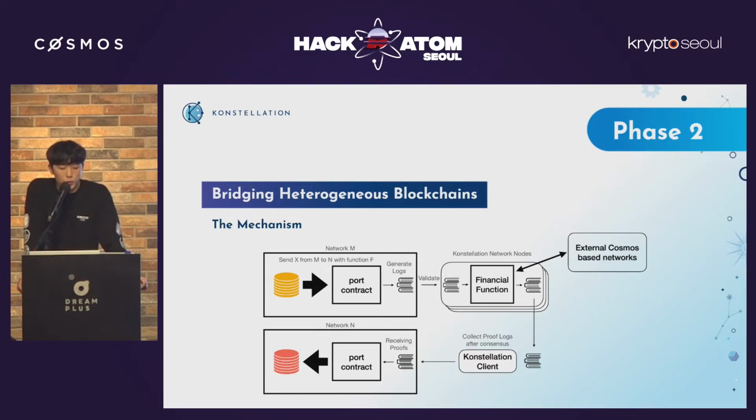There is a port contract on each side of the networks, and the port contract has the right to mint or burn wrapped Dark when certain conditions are met. Once a user sends a token, let's say token X, from a source network M to the port contract in the source network, the asset is locked and the corresponding special logs are generated.